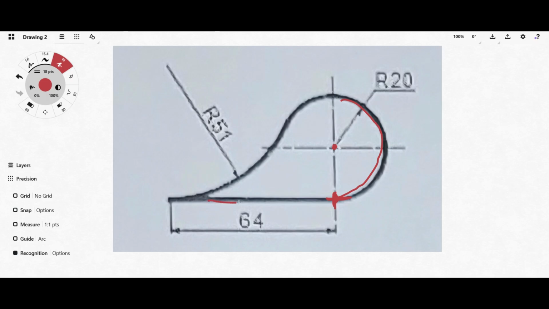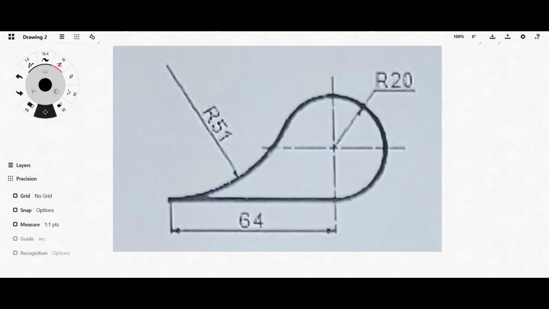So this line touches this circle at exactly this point, and the center lies on a line perpendicular to this straight edge. The distance between this center and this point should be the same as the radius, 20 millimeters.